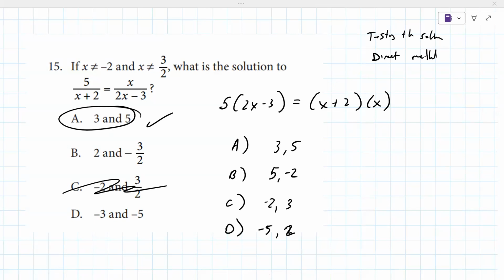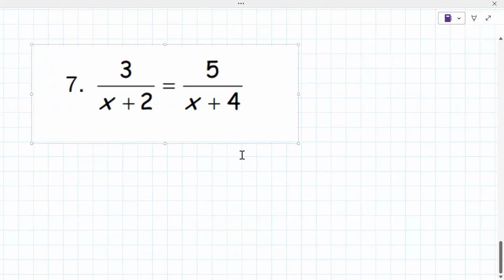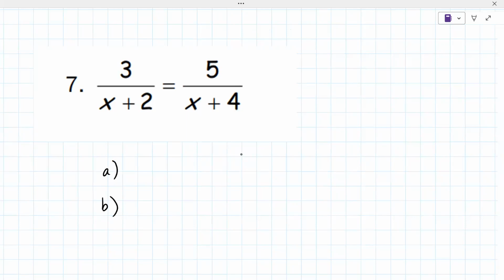Yeah, the more common one. C7. Okay. The more common question that you would get is something like this, and then the answers would be like -1, 0, 1, 2, something like that.